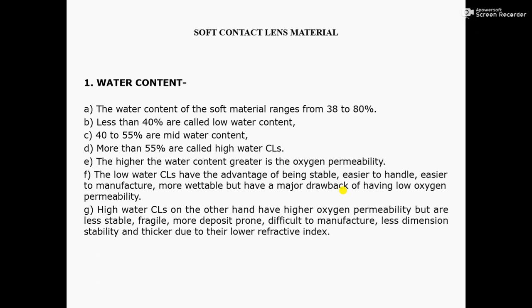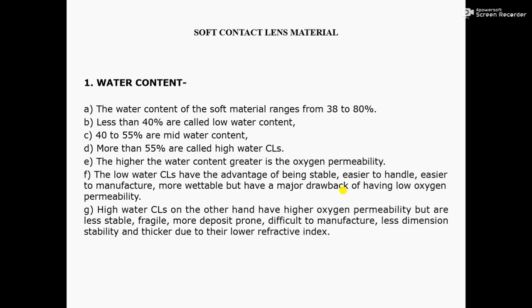So, what is oxygen permeability? The contact lens is a barrier which reduces the amount of oxygen reaching the cornea. The value of oxygen permeability is the indicator for measuring this barrier. A higher value indicates that more oxygen can reach the cornea.